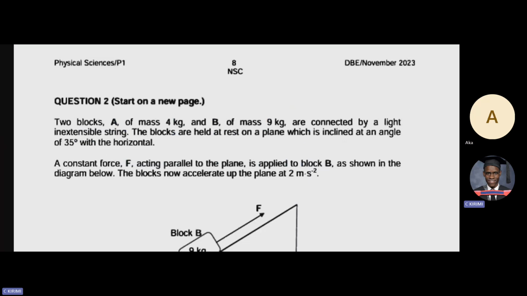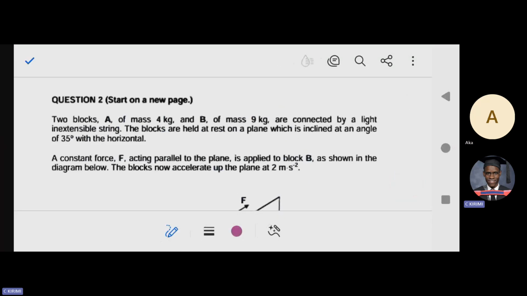What does a light inextensible string mean? When you are connecting these two masses with a light inextensible string, what does it mean? What comes to your mind? Tension. Yes, there's tension.